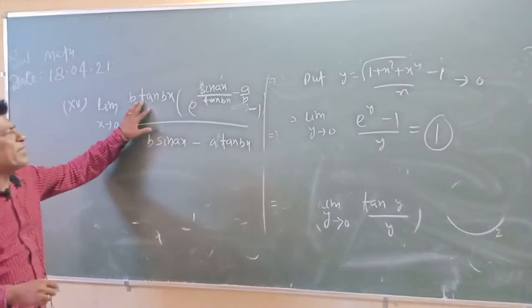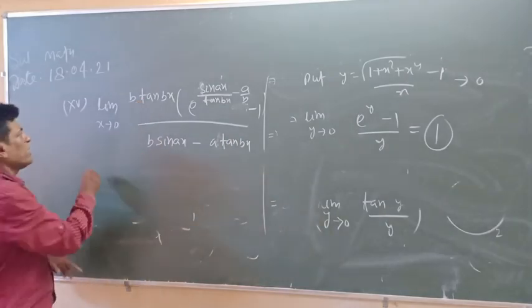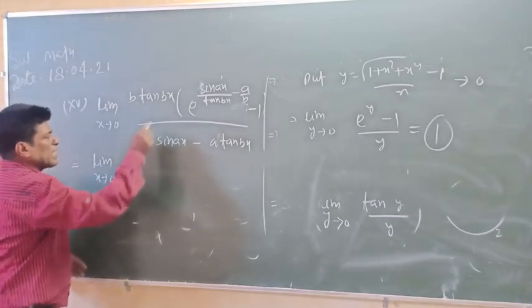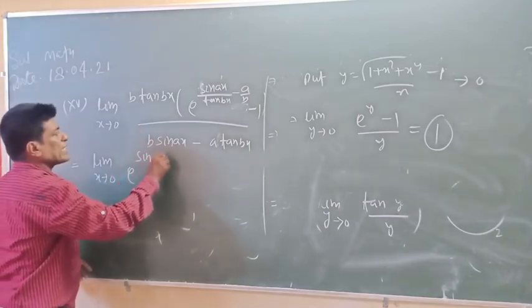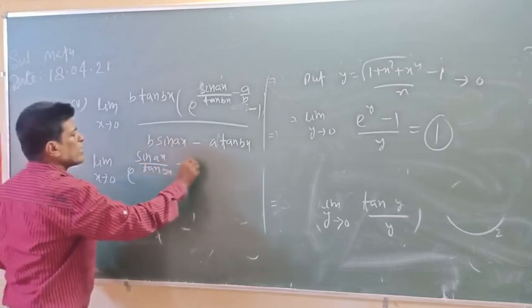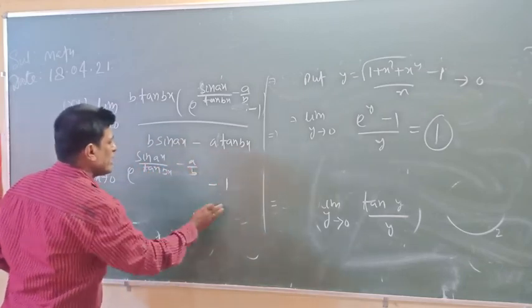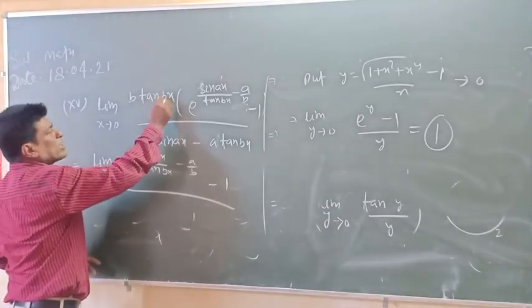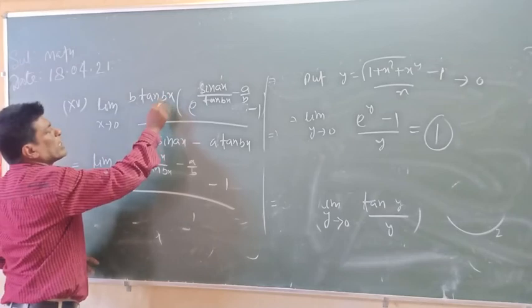Here simply b tan bx is divided in both numerator and denominator. So limit x tends to 0, it becomes e to the power (sin ax by tan bx minus a by b) minus 1, whole divided by b tan bx. In your question b is not represented here, but you can write in your book that it is bx.